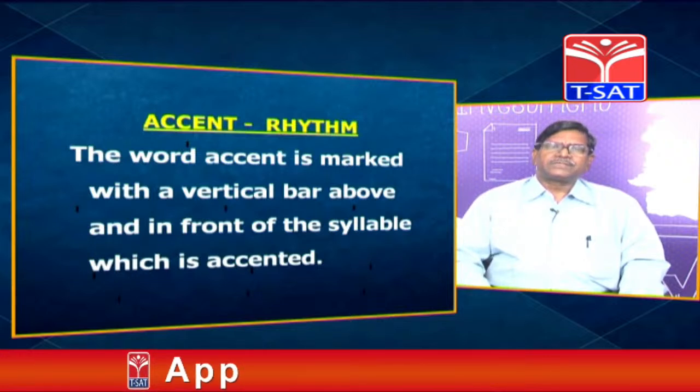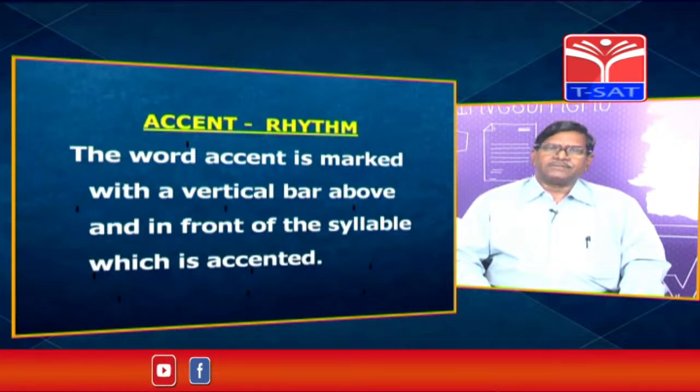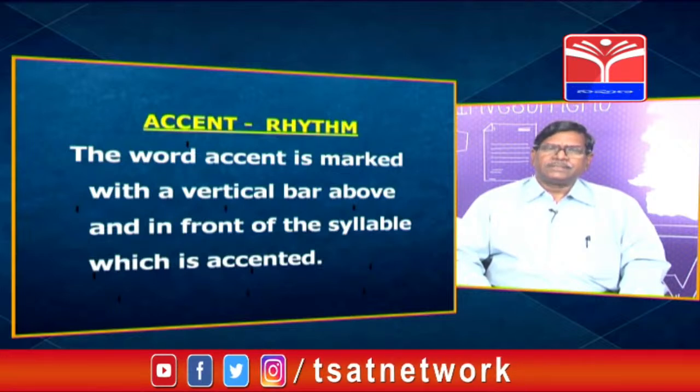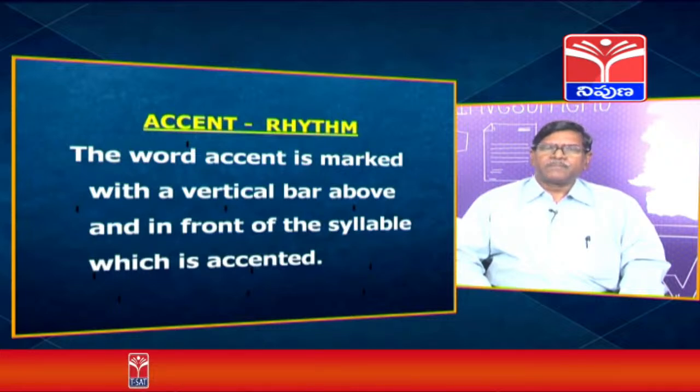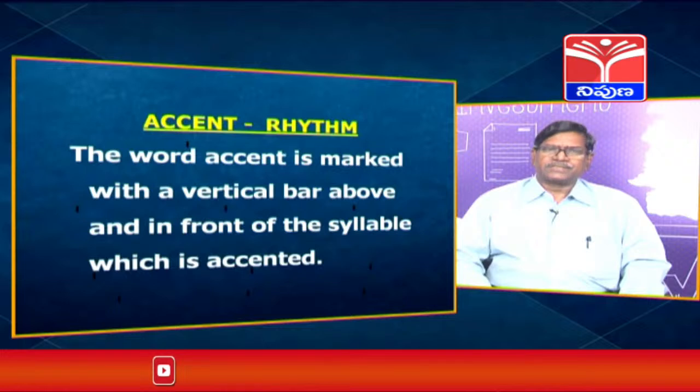See, for instance, the word accent is marked with a vertical bar above and in front of the syllable which is accented. For instance, the word teacher. So, there are two syllables. Out of these two syllables, the first syllable is stressed.